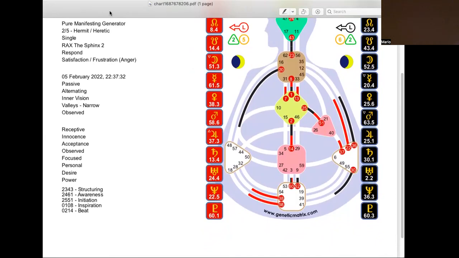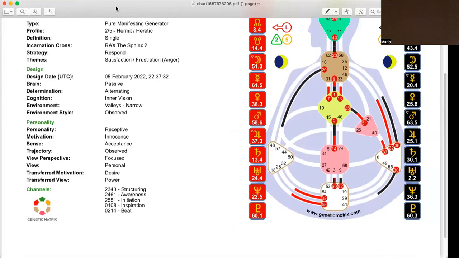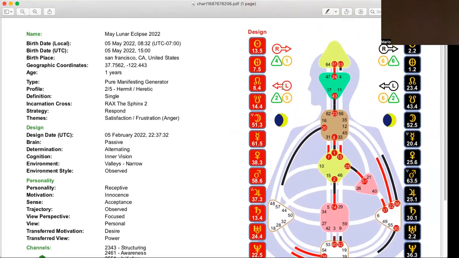It's actually an older version. Oh, here we go. Now we can see the whole thing. So the design side would be these right and left arrow facing variables here. And the triangle and the circles on both sides represent the line numbers of the I Ching.